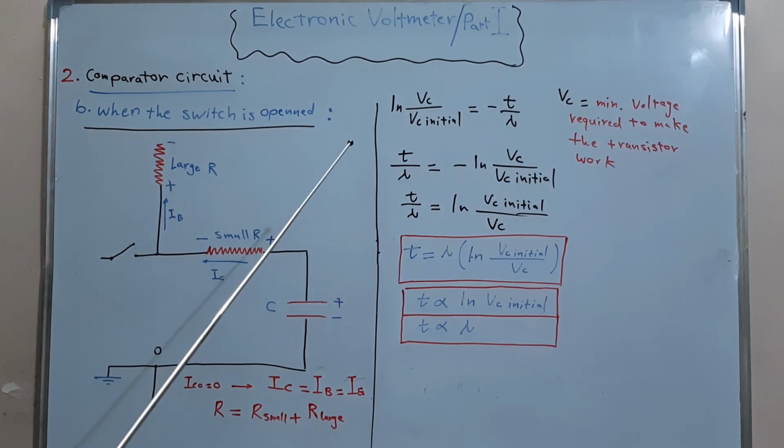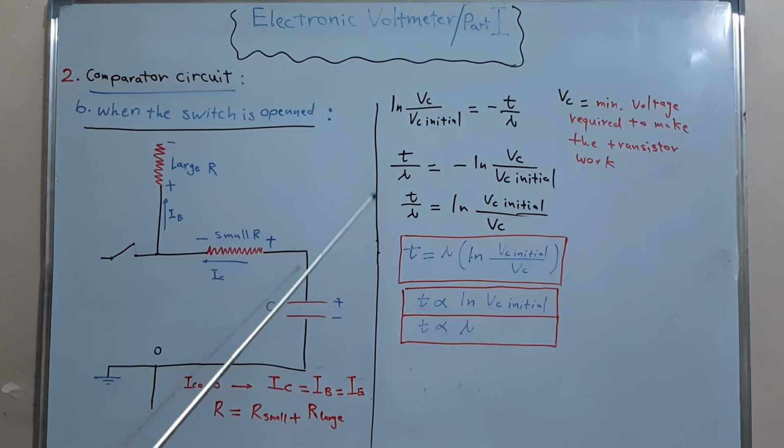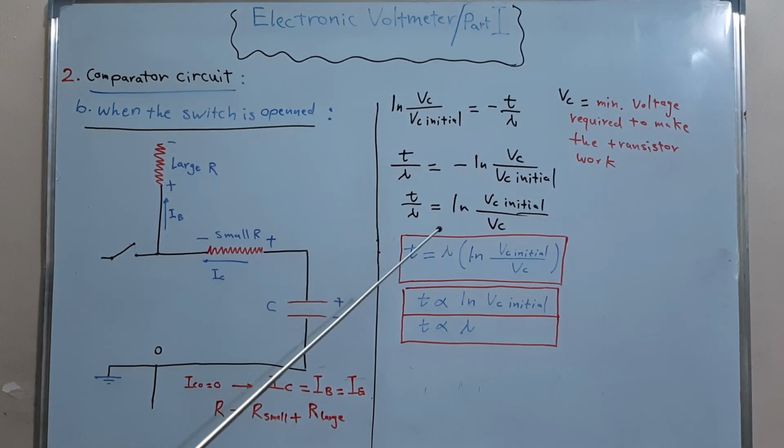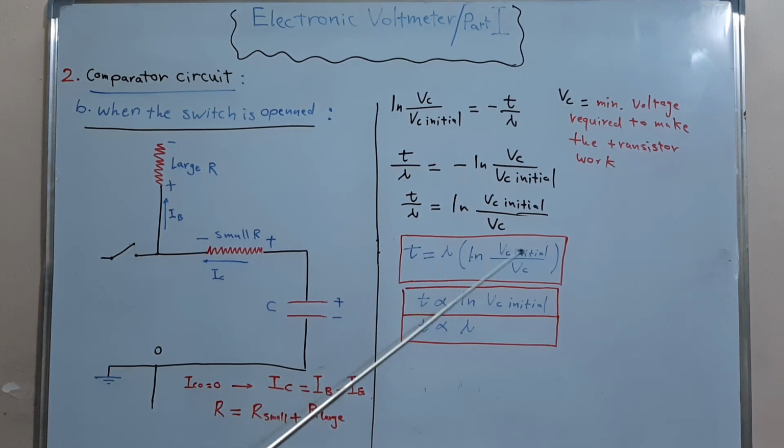t divided by gamma will be equal to minus ln(Vc divided by Vc initial). So t divided by gamma will be equal to ln(Vc initial divided by Vc). So t will be equal to gamma multiplied by ln(Vc initial divided by Vc). And from that equation, we conclude two things.